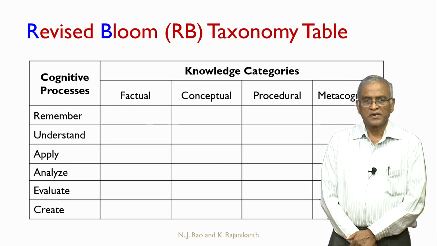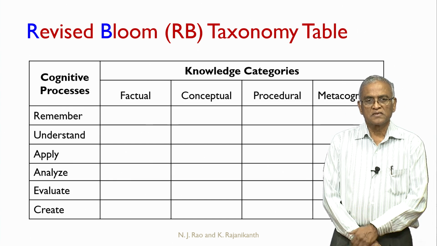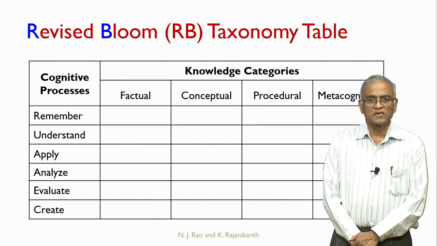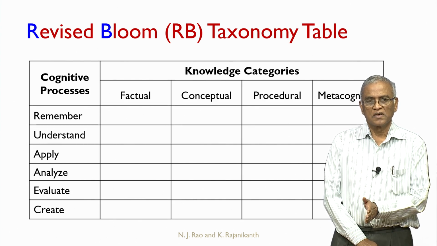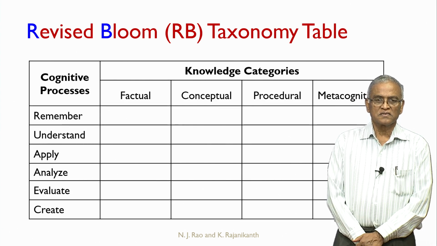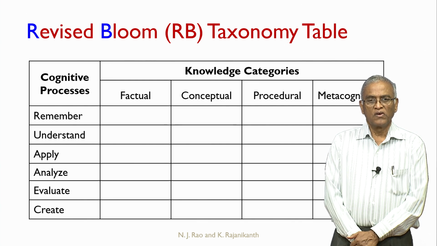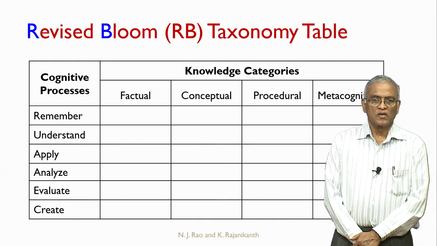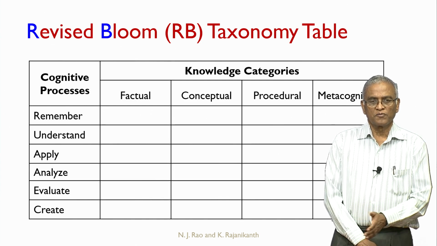One thing we need to point out, in Anderson and Krathwohl's book, they have presented the taxonomy table with the rows and columns reversed. That means the rows are knowledge categories and the columns are cognitive processes. We felt that the natural order is this, in the sense whenever you write an outcome, you start with an action verb which represents a cognitive process.